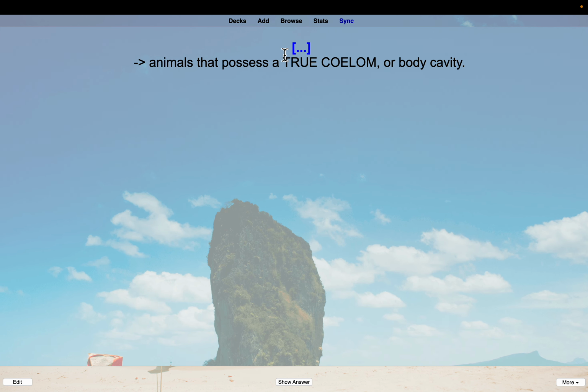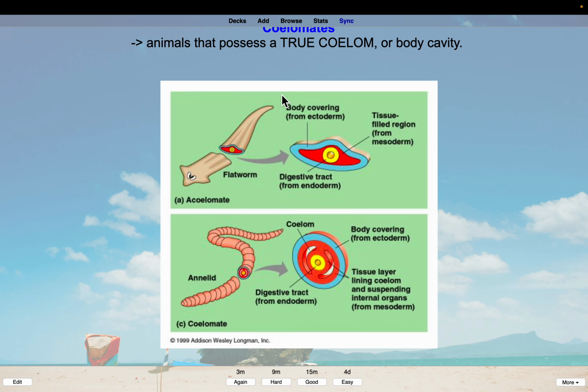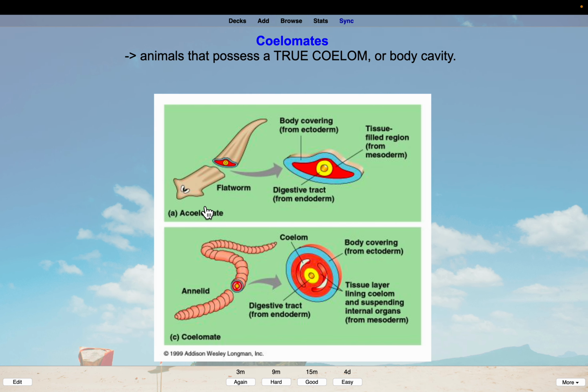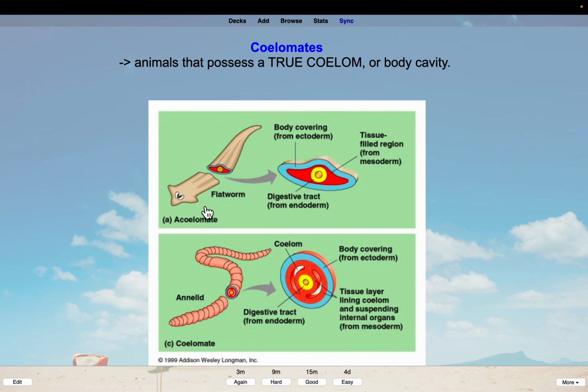Animals that possess a true coelom or body cavity, this is coelomate. Okay, so annelids are coelomates. Flatworms, the most basic kind of worms, are acoelomate, from the prefix a, if that's even a prefix. There is no coelom at all.